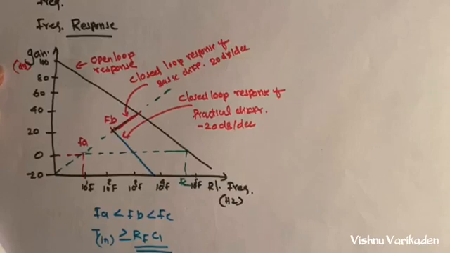So in this differentiator topic, we started from the basic differentiator using op-amp. The components are interchanged from the integrator, and we made the circuit diagram and the analysis. In the analysis, whenever the frequency increases, the gain increases by 20 dB per decade.